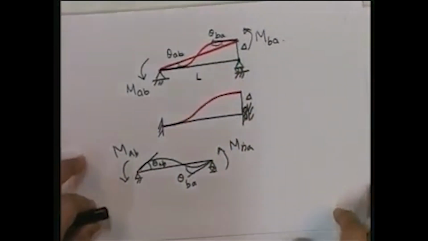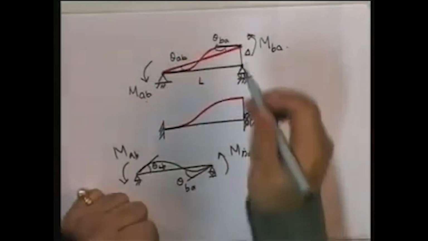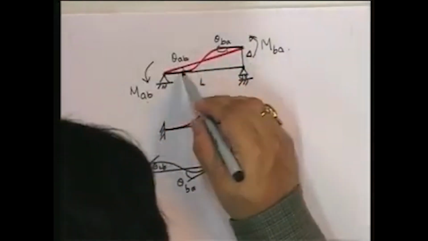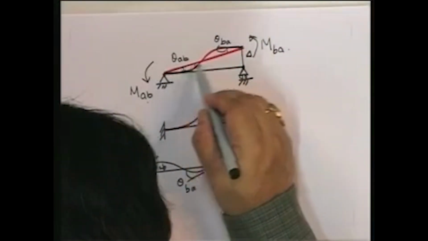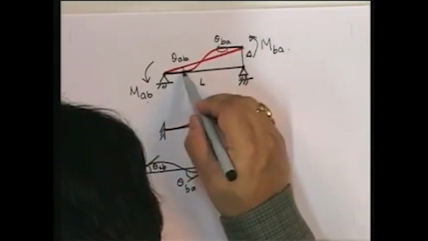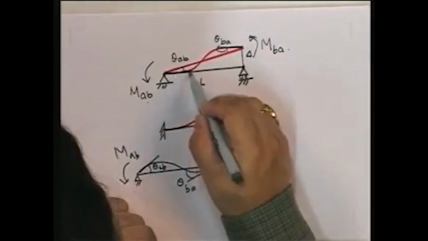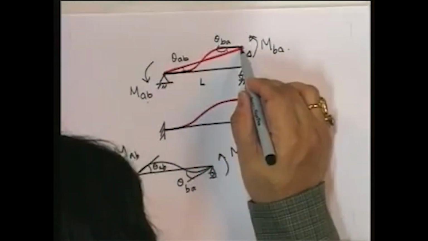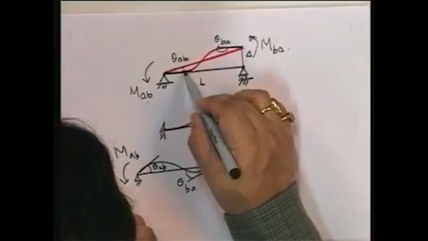Now, what are my theta AB and theta BA? Let's look at this. What is this angle? Delta by L. Now, is this clockwise or anti-clockwise? From the undisplaced to the tangent.